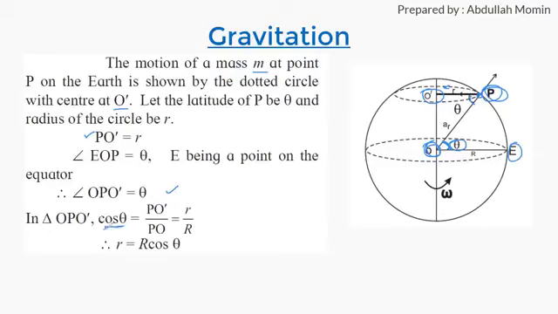Applying the formula of cos theta in triangle OPO dash, adjacent upon hypotenuse: adjacent is PO dash and hypotenuse is PO, so cos theta is small r divided by capital R. So small r can be written as capital R cos theta. We have applied the formula of cos theta, adjacent upon hypotenuse.